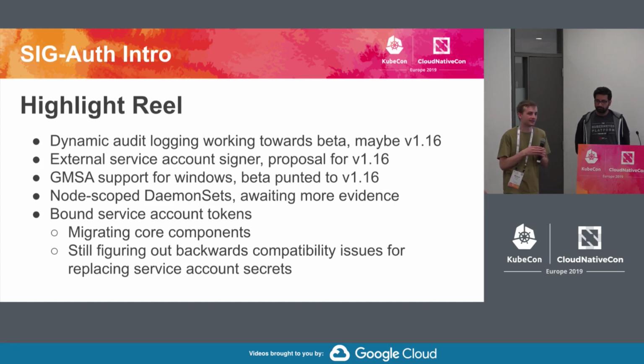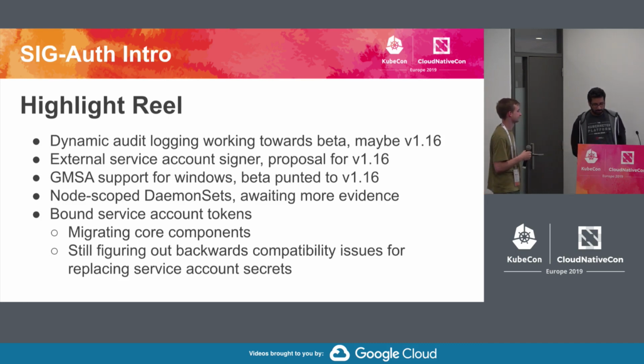The KEP that was proposed didn't have general consensus that it was going to be a great idea. So right now, we're recommending that where it makes sense, you run those components using the kubelet identity, and then we're going to try to figure out a better option moving forward.